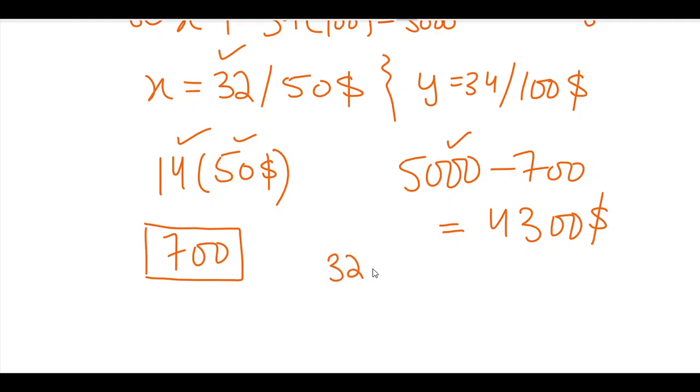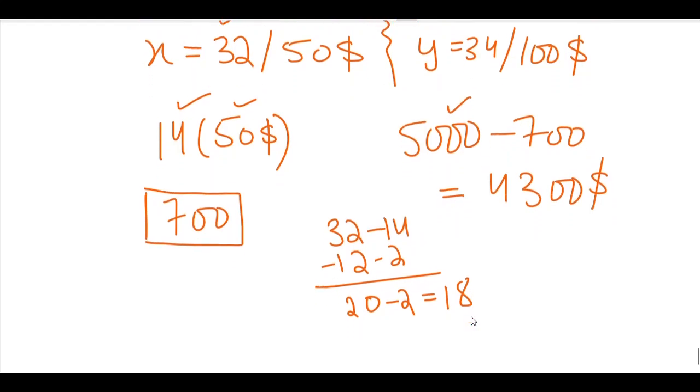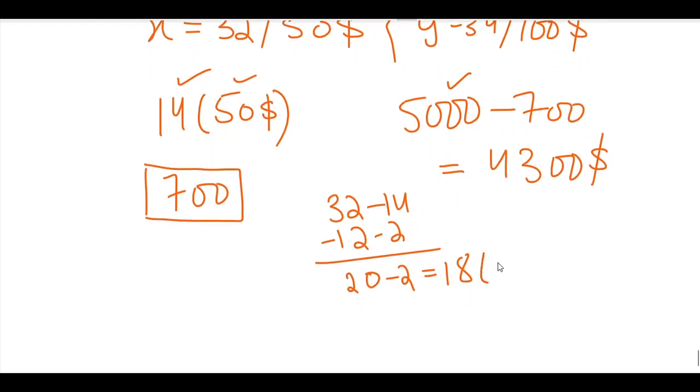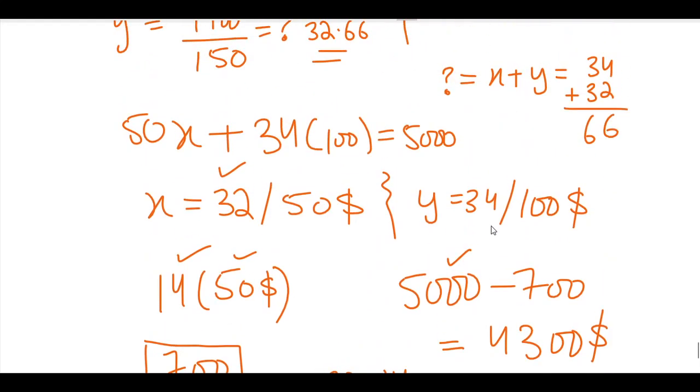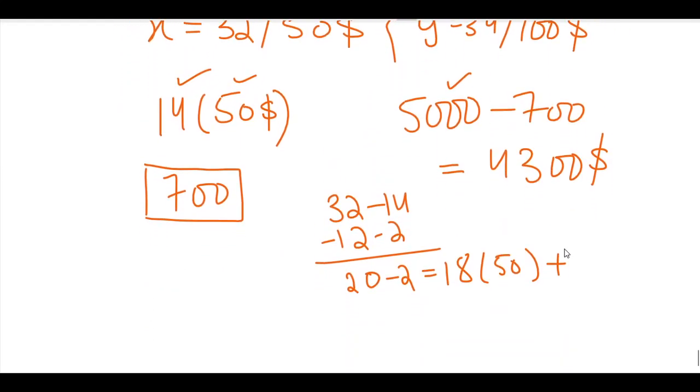So 32 minus 14, I can subtract a 12 and a 2. So 3 minus 1 is 2, subtract a 2, 18. So 18 numbers with 50 plus, what's the y? 34 with 100. Yeah, 34 with 100.